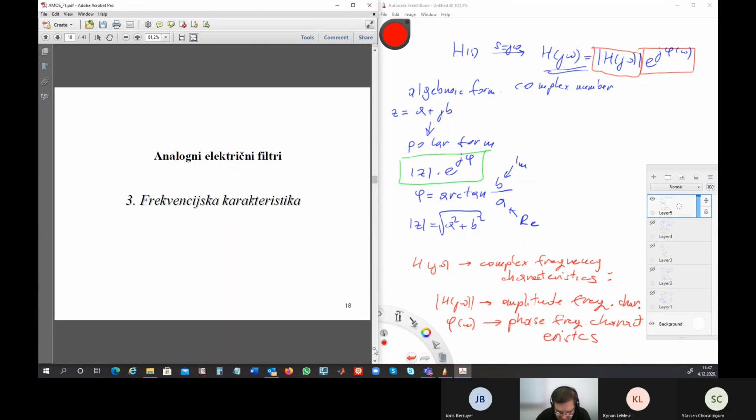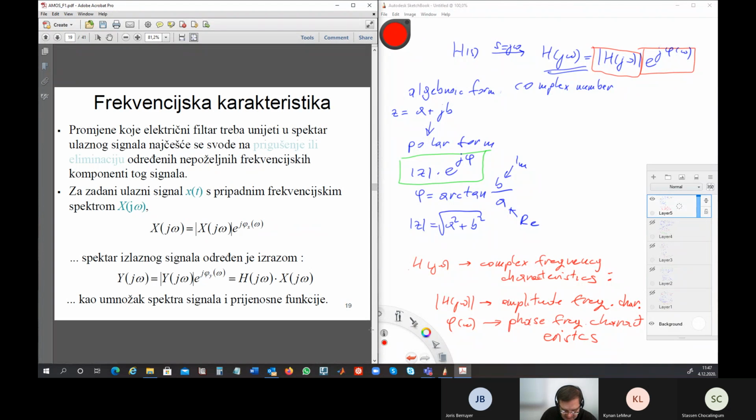Now, in what follows, we will separately look at this, which is called frequency characteristics. If we know the spectrum of the input signal, then we will know the spectrum of the output signal like this. Output signal, input signal.